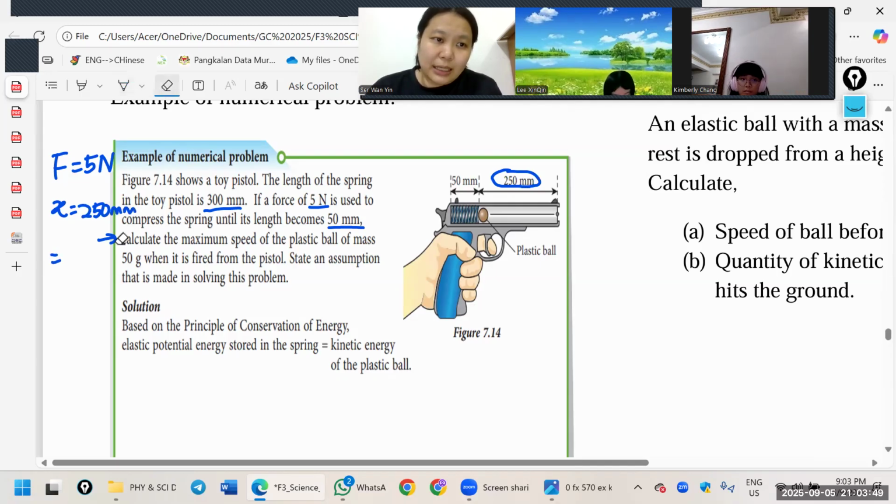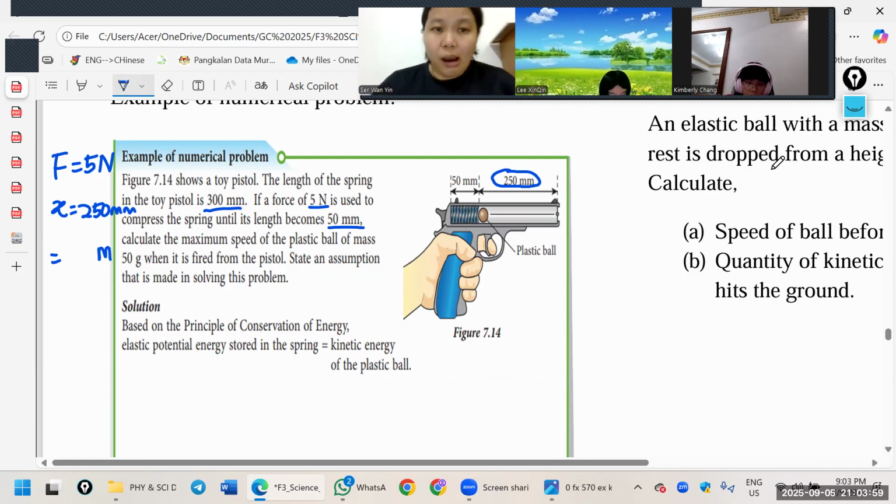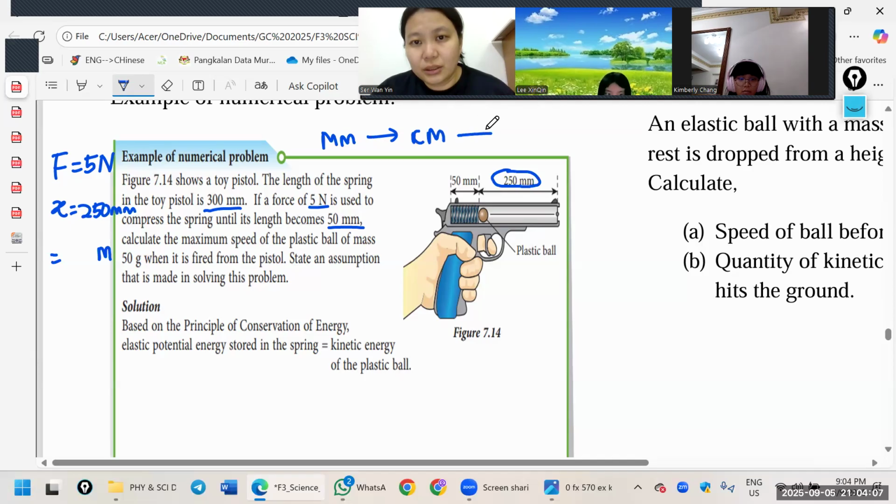Is mm an SI unit? No, mm is not. So change to meters. How to change to meters? Divide by 1000. Yes. Change to cm, divided by 10, then divided by 100.